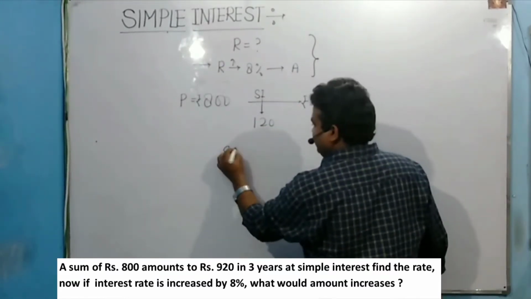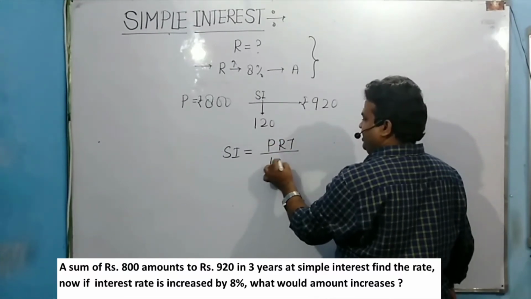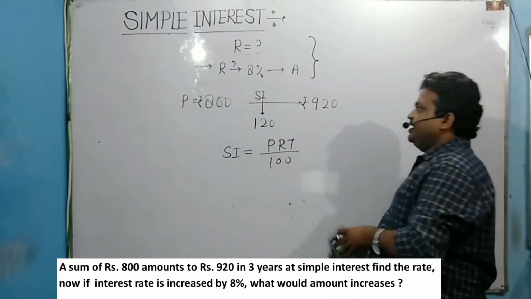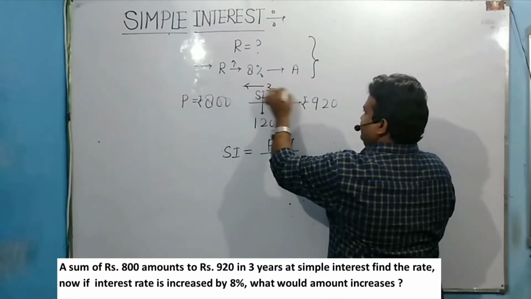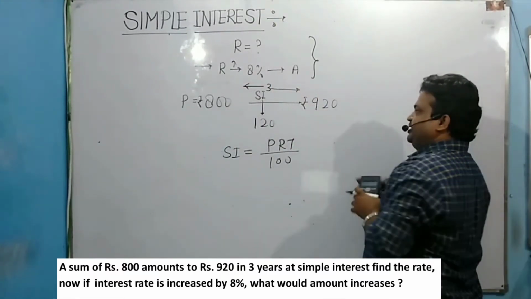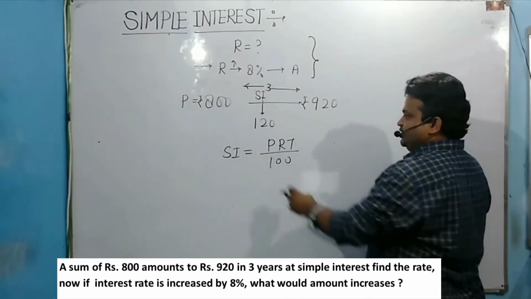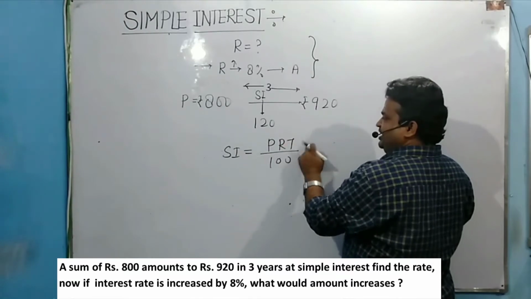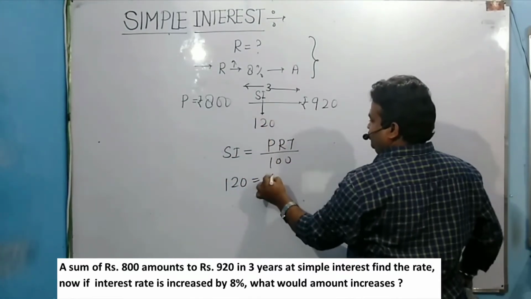Now I write the simple interest formula. Simple interest formula is PRT divided by 100. देखो यहाँ पे क्या है, 3 साल में, after 3 years this amount increases up to this with the simple interest accumulated on it. So simple interest is PRT by 100. Simple interest 120 is equal to the P value given to you, 800.